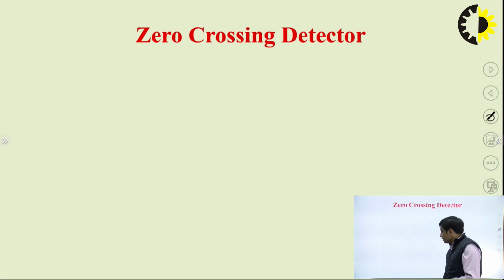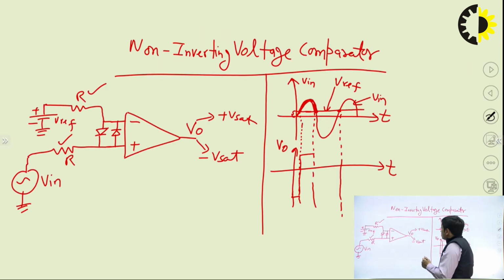So in the inverting voltage comparator, what connections are we required to change? This input signal V in will be applied at the inverting terminal, and this V reference DC voltage will be applied at the non-inverting terminal. That is the inverting voltage comparator.